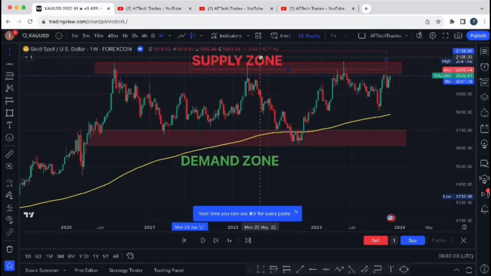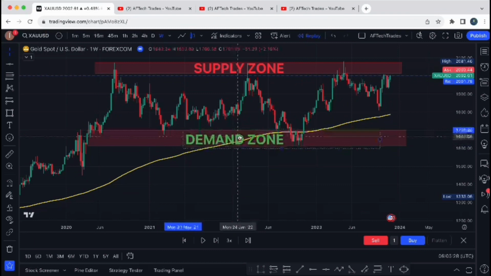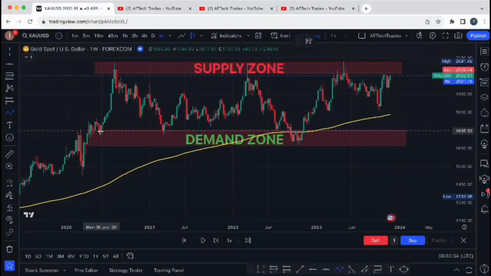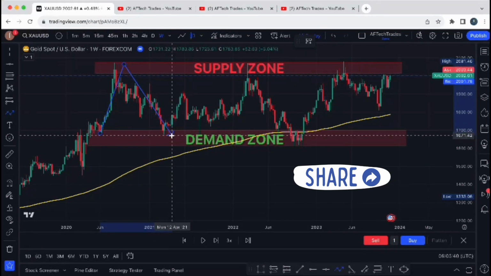So this is your supply zone, this is your supply zone, and this is your demand zone. So the market, if you notice, from your demand zone went to your supply zone, right? Came down to your demand zone.